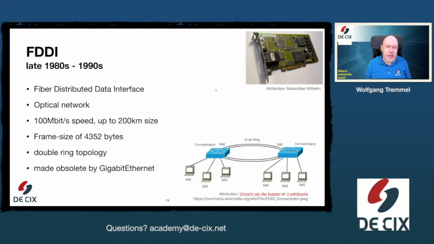Also, the frame size was higher than Ethernet. Ethernet used, and still uses, a frame size of 1500 bytes. FDDI used 4352 bytes. But also, again, it was expensive, and it was replaced by gigabit Ethernet later.